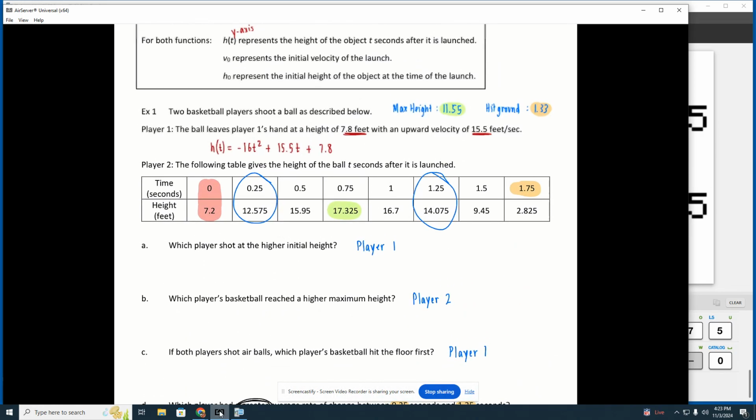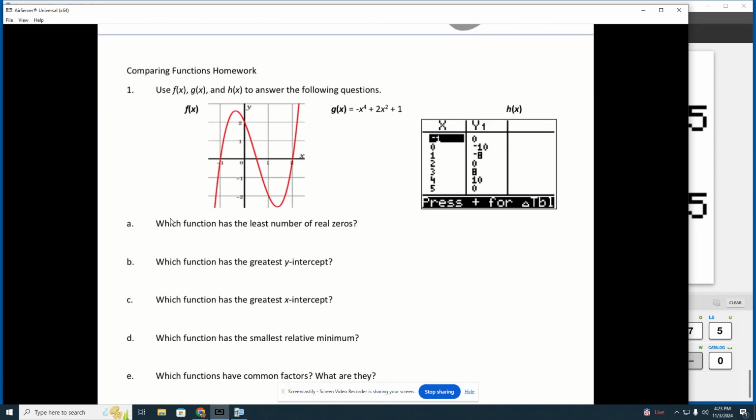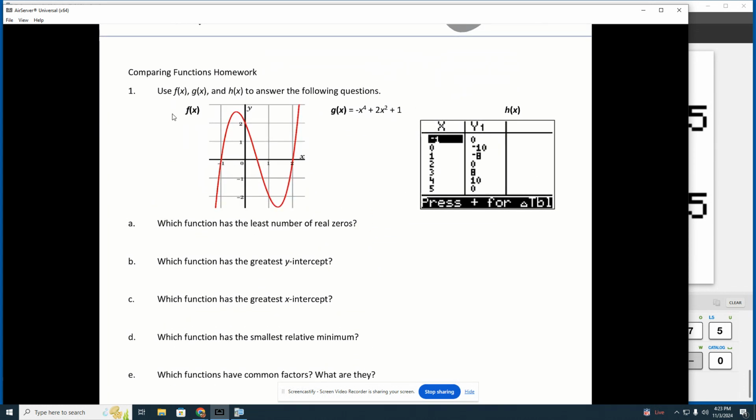So we compared the functions. One of them, we had to graph it, and we had to look at key points. The other one, we had to try to figure out the key points based on the table. So you're going to kind of do the same thing with tonight's homework. You have a graph of f of x. G of x, they give you an equation to go graph.